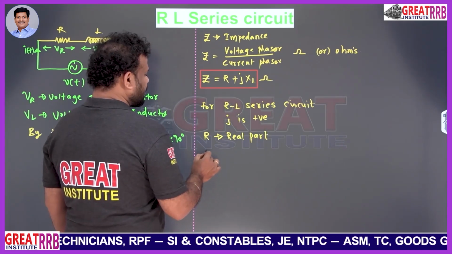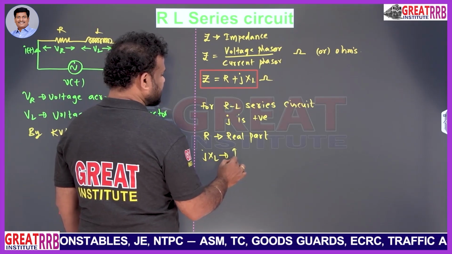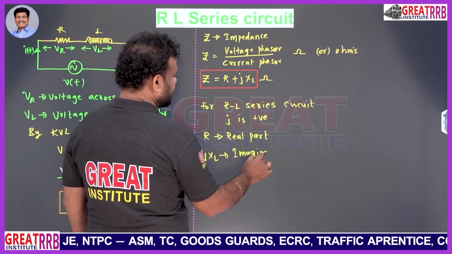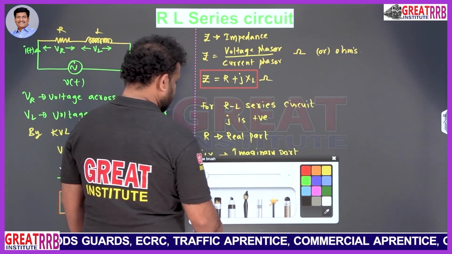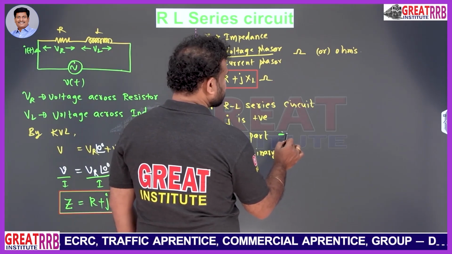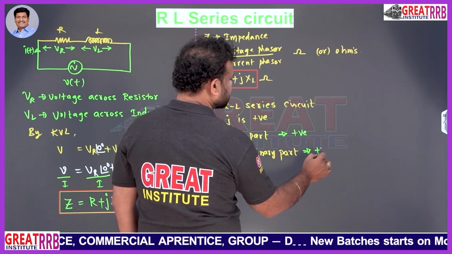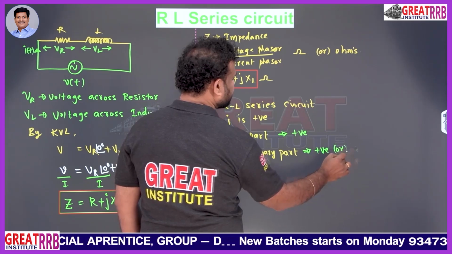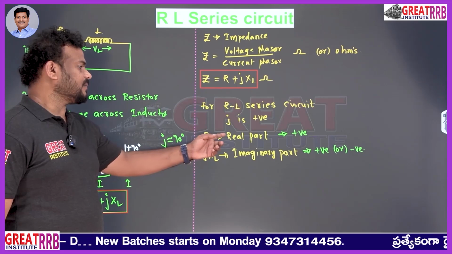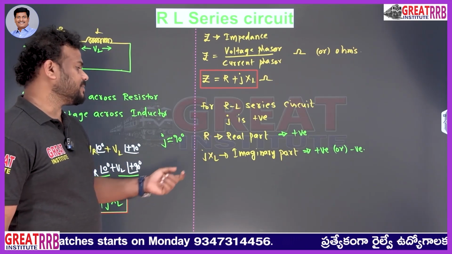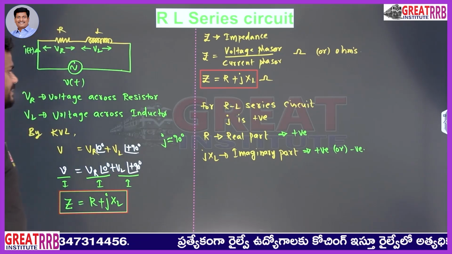And here j times XL is the imaginary part. So the point you need to remember, my dear students, is that the real part is always considered positive, but the imaginary part can be positive or negative. Both are possible. So the real part always remains positive, but the imaginary part might be negative or might be positive. This should be remembered.